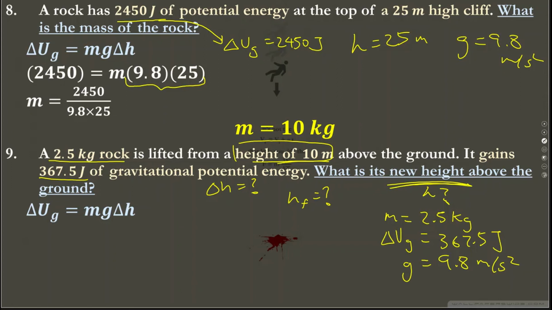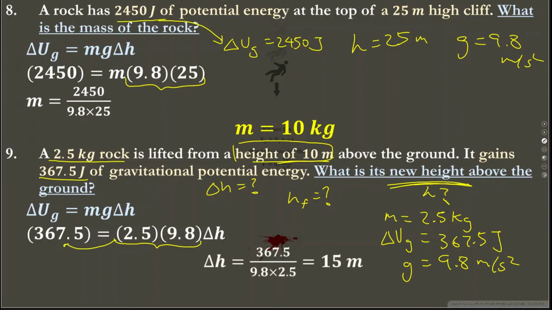Again, substitute the numbers into the relevant equations first. Voila. Then you move it on to the other side. So we need to move 2.5 and 9.8 over to 367 by dividing. And so we find that the change in height is 15 meters.